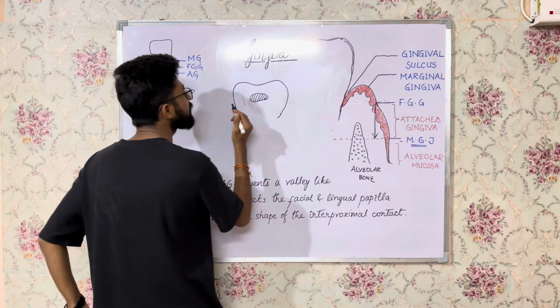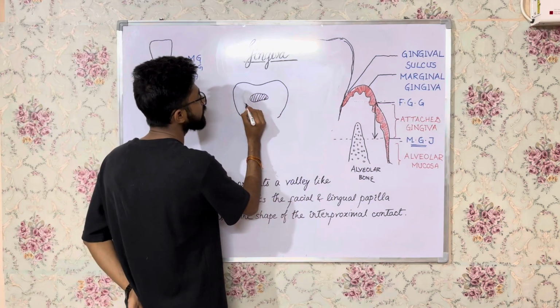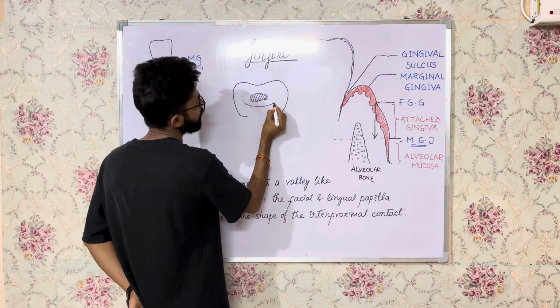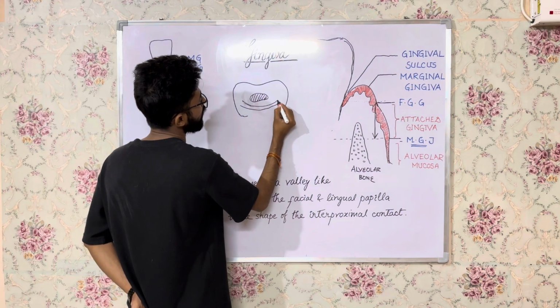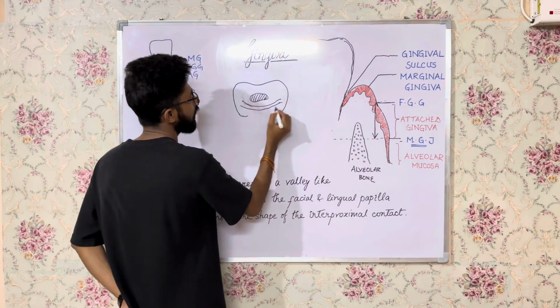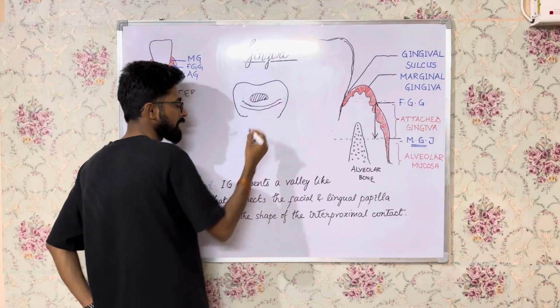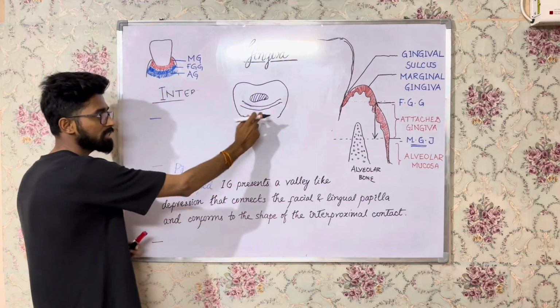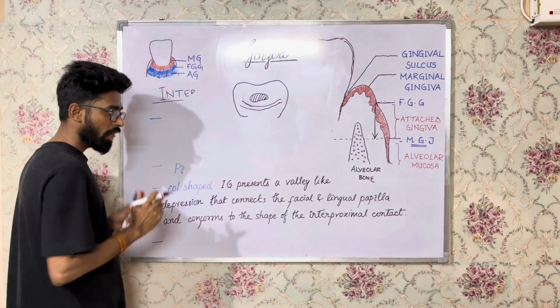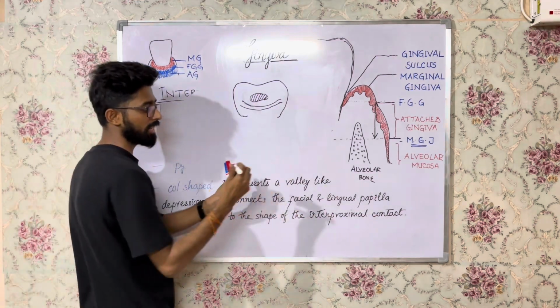It will be like this. This is the col shaped interdental gingiva, which presents as a valley like depression. You can see this is the valley like depression and that connects the facial and lingual papilla.